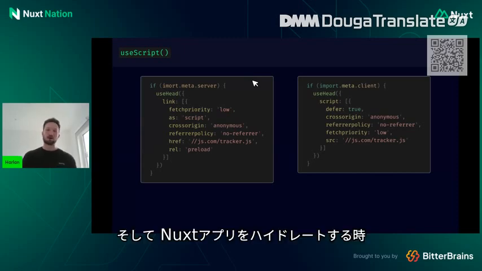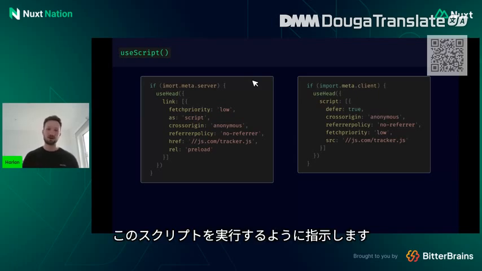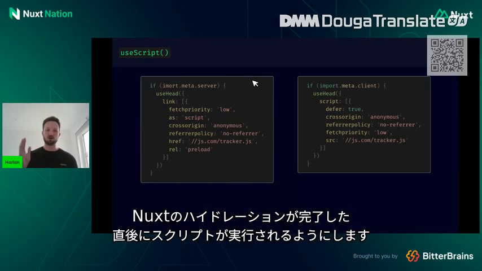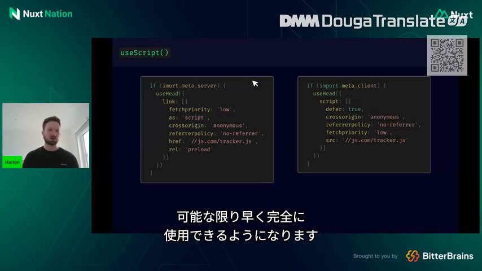Now, when we hydrate our Nuxt app, we are actually going to insert the script tag and say, hey, I want to actually run this script now. And if everything goes right, then we're going to make sure our script is going to run immediately after Nuxt finishes hydrating, making sure that our Nuxt app is interactive and can be fully used as quickly as possible.